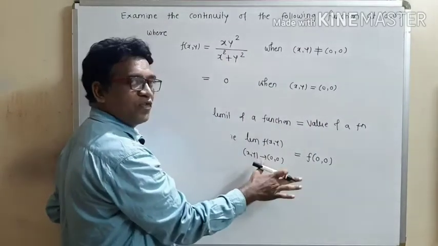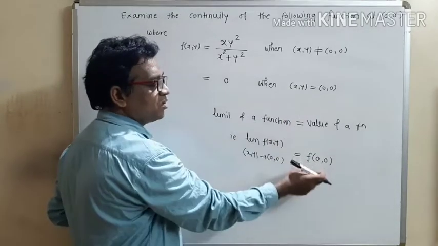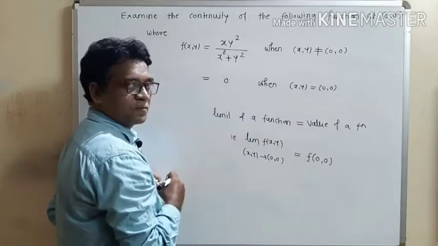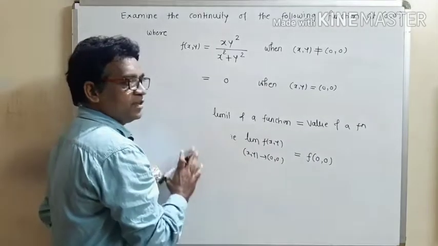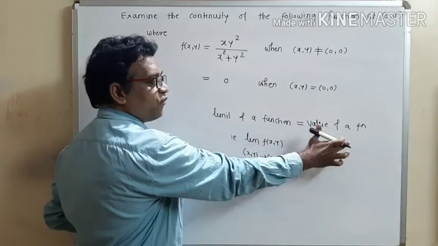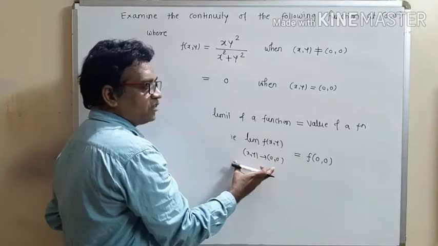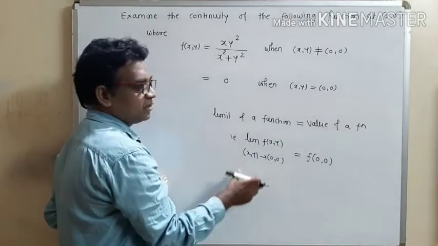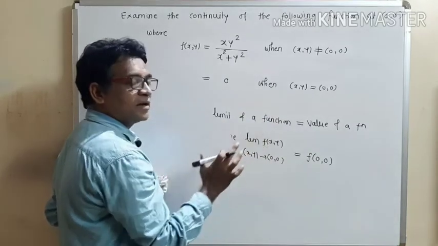Continuity means the limit of function and value of function both are equal. If limit of function is equal to value of function, then the function is said to be continuous at (0, 0).